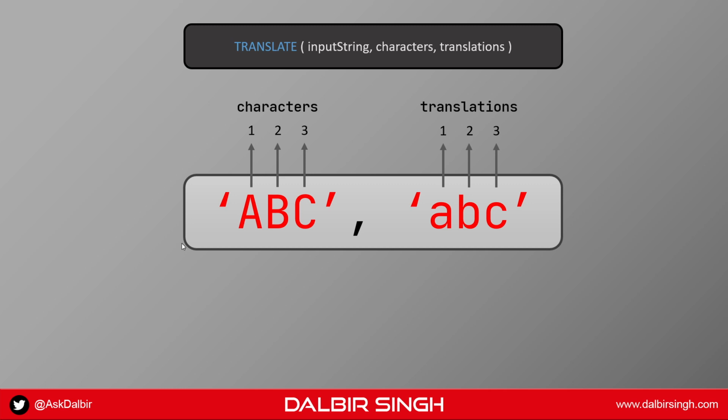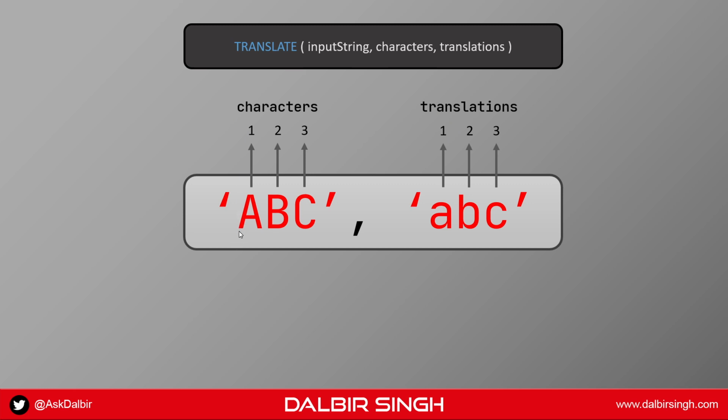To give you an example, I've got capital A, B and C as my seek characters, and these all have an ordered position that they're sitting in: 1, 2 and 3. What will happen is if a capital A is found within the input string, then the replacement character will be looked up from the translations parameter collection, and it will pick whichever character is in the same index as the character that the match was found for.